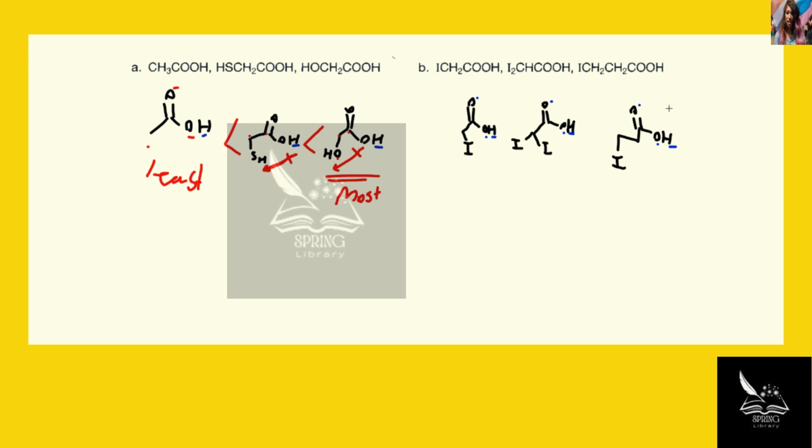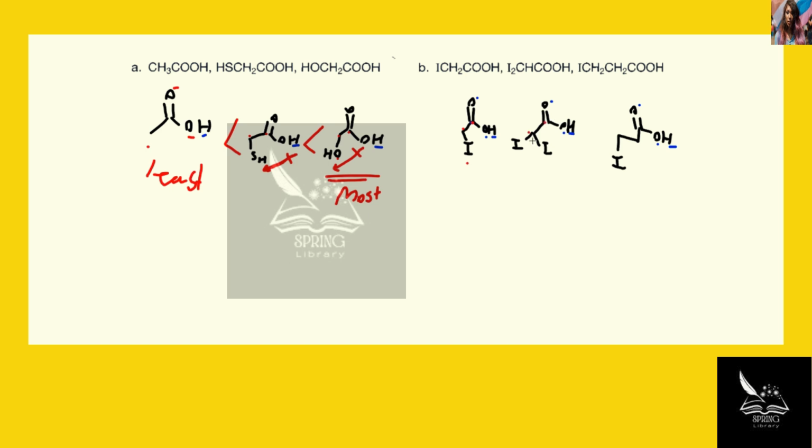So far it's a tie. So just like in A, now we're going to look at the electron pulling effect, or the inductive stabilization of these conjugate bases by proximity of electron withdrawing groups, or electronegative groups. We have iodine in this example. On the left, we have 2 carbons away, the carboxylic carbon and this alpha carbon, 1 iodine.